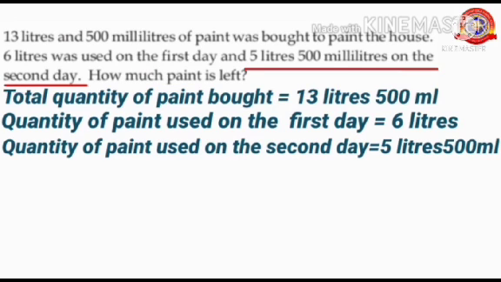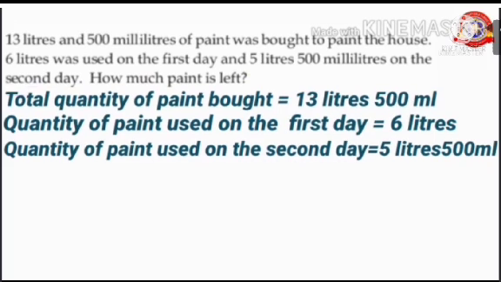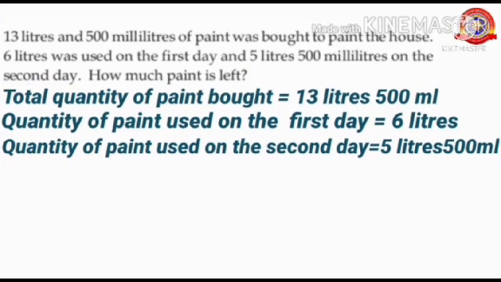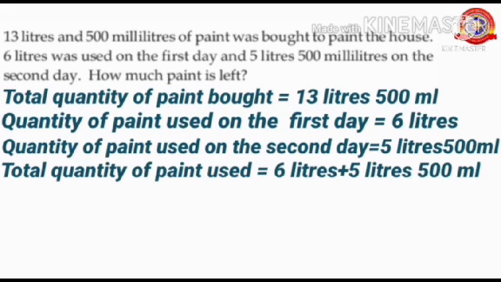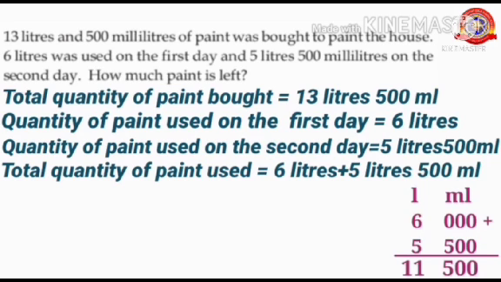Next, we have to find out the total quantity of paint used. That is, total quantity of paint used equals 6 liters plus 5 liters 500 milliliters, which is equal to 11 liters 500 milliliters. That is, total quantity of paint used equals 11 liters 500 milliliters.